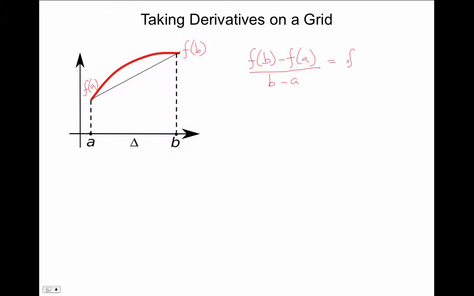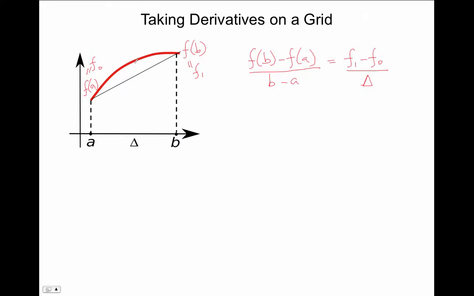And we write this as usual as f1 minus f0. The distance b minus a is delta. So of course, I've taken this to be f1, this to be f0. As delta gets closer and closer to 0, f1 and f0 get closer and closer, and this will be the derivative.